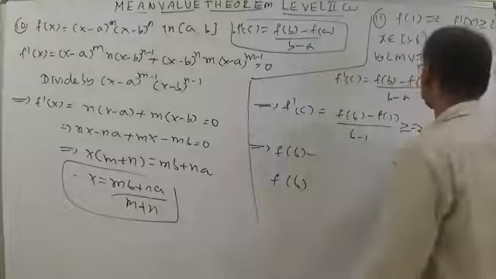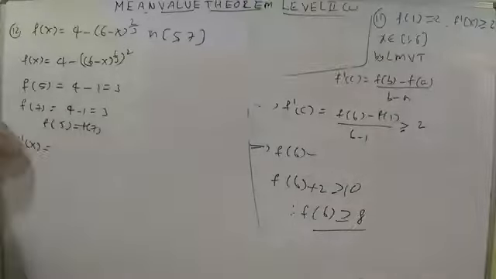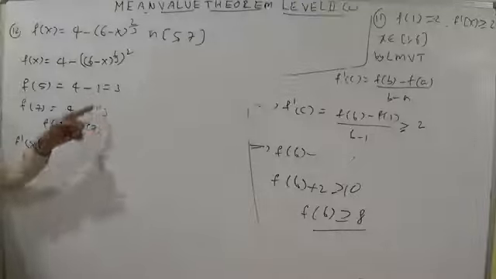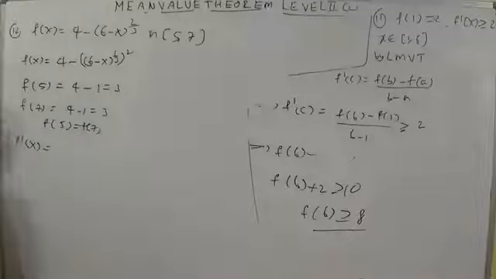Okay. Now let us discuss f dash x, which depends upon Lagrange's mean value theorem. f dash c is equal to (f of b minus f of a) by (b minus a). f of 7 is 3, f of 5 is 3, 3 minus 3 is 0. By Rolle's theorem also you can say 0.